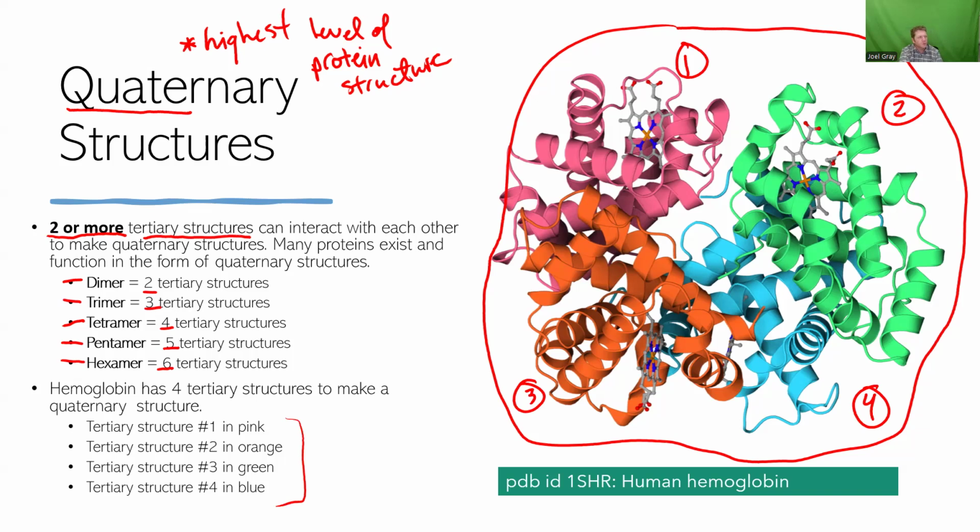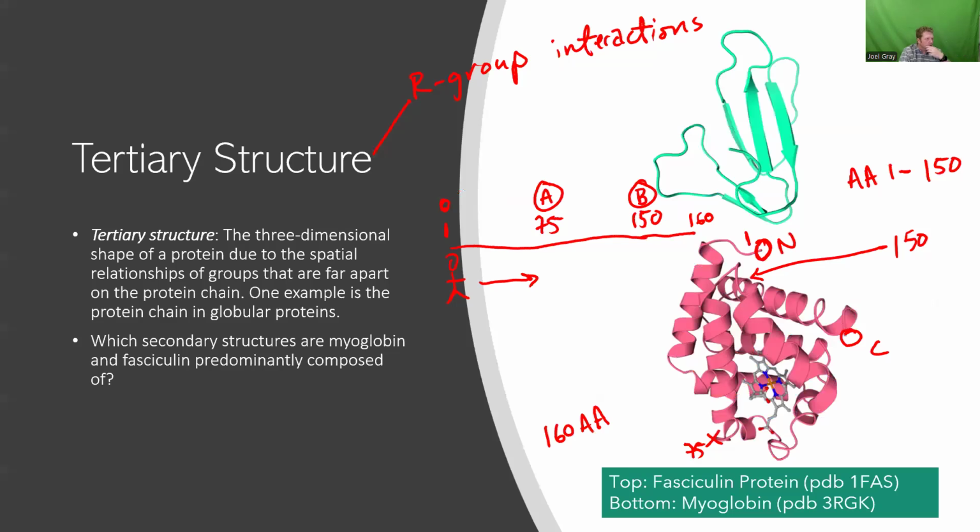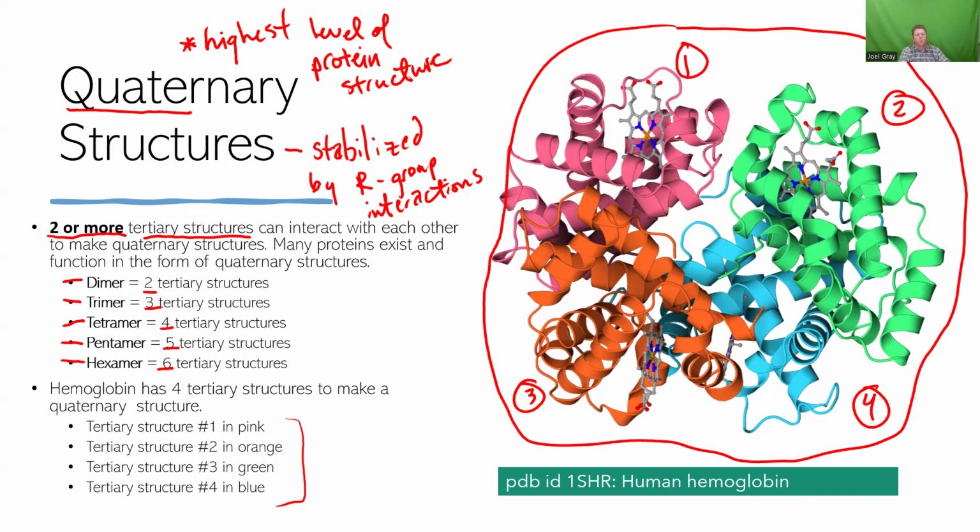The answer to that question is that this quaternary structure is also stabilized by R group interactions. Okay. Now, that's always a little bit confusing because if we jump back, tertiary structure is stabilized by R group interactions, and quaternary structure is stabilized by R group interactions.